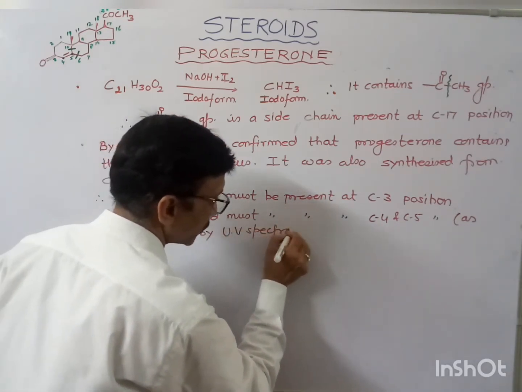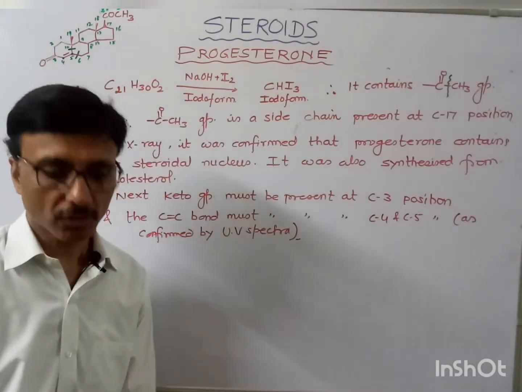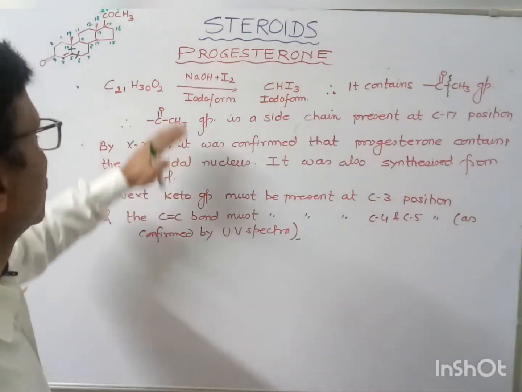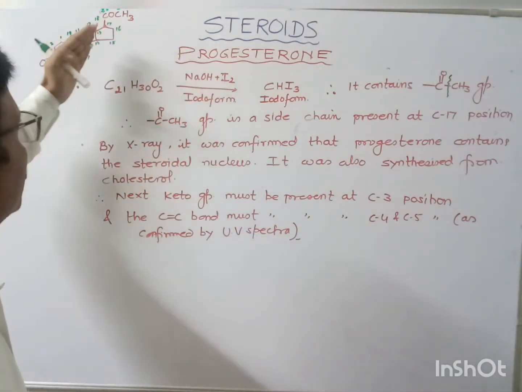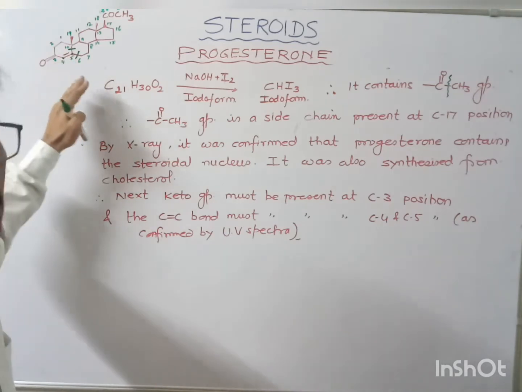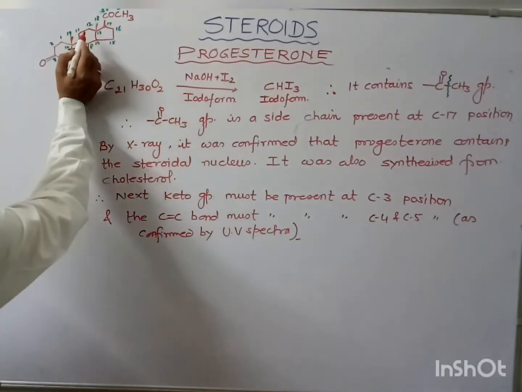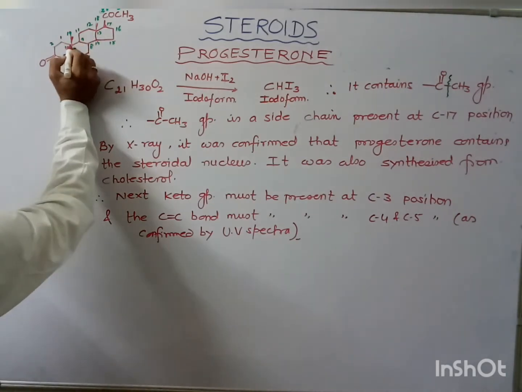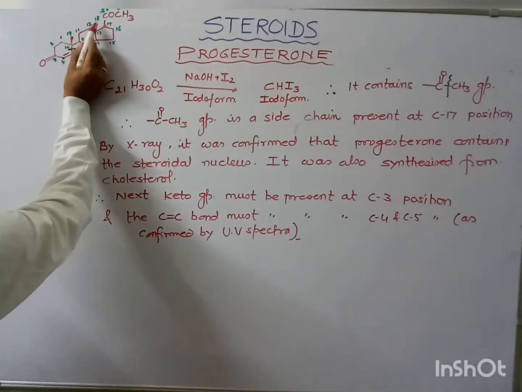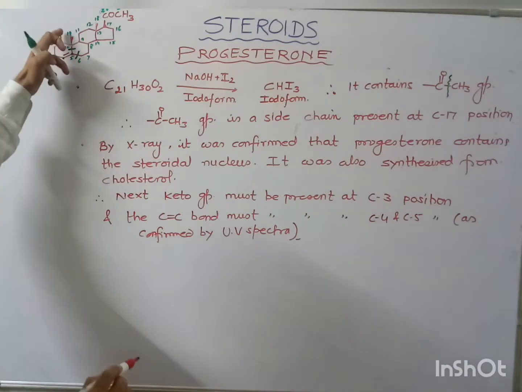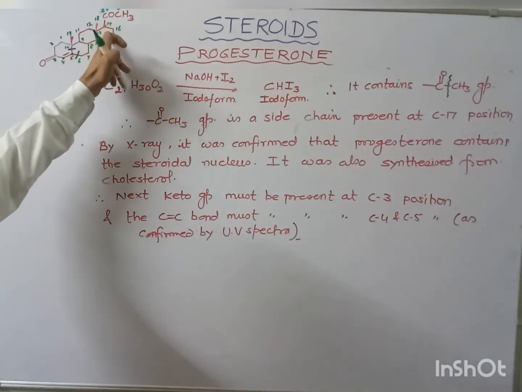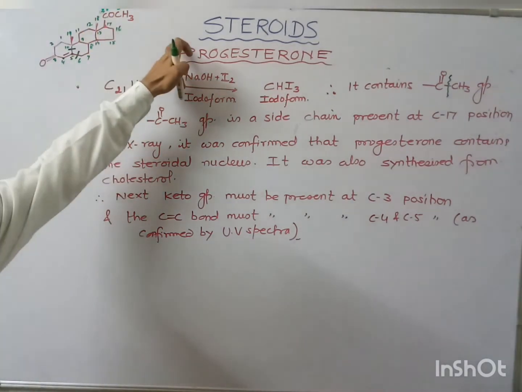So on the basis of these experiments, the structure of progesterone is given like this. The steroidal nucleus, at the 10th and 13th positions, two angular methyl groups, this one. At the 17th position, a COCH3 group.